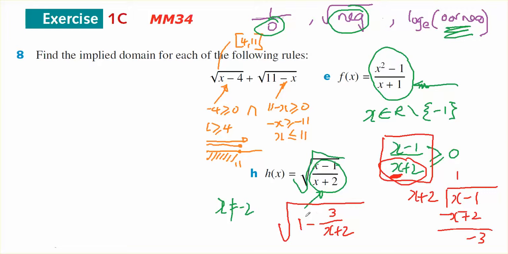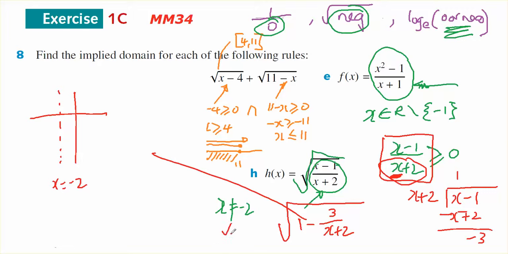And this here is a hyperbola, which has an asymptote at negative 2. And that makes sense because I've already excluded negative 2. It's a negative. Oh, sorry, it has an asymptote at 1.